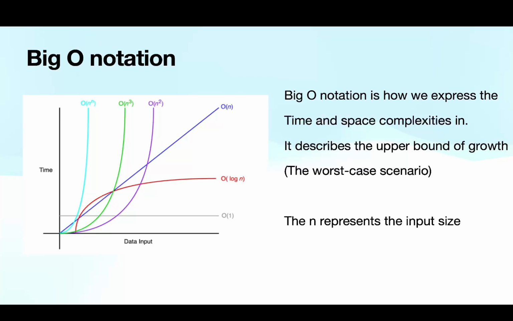So we can see that for O(1), it stays constant as the data input increases, the time usage doesn't change. While for O(n), as data input increases, the time will increase linearly. While for O(n squared), when the data input increases, the time will increase by squared.